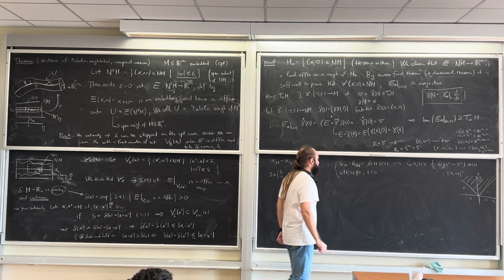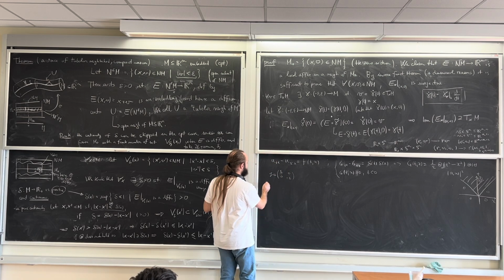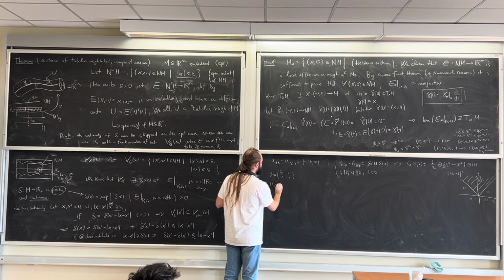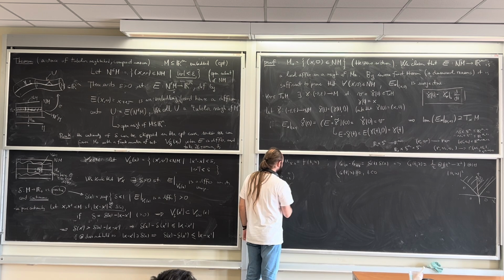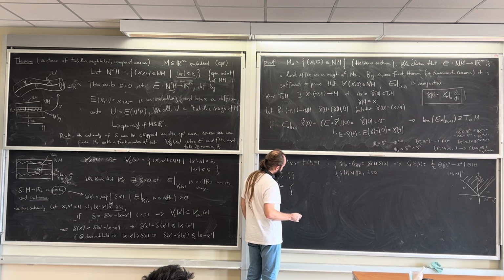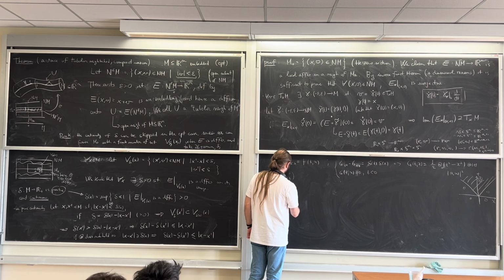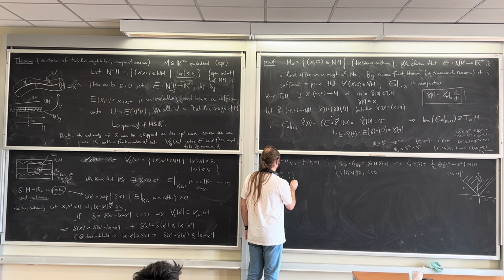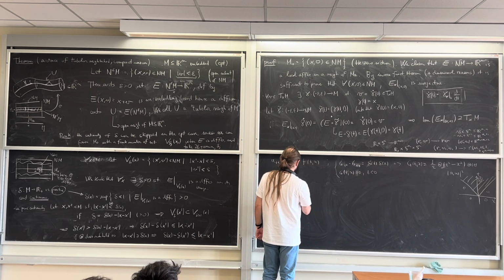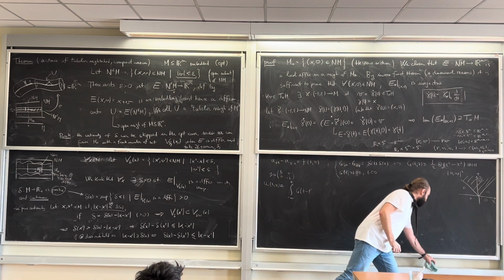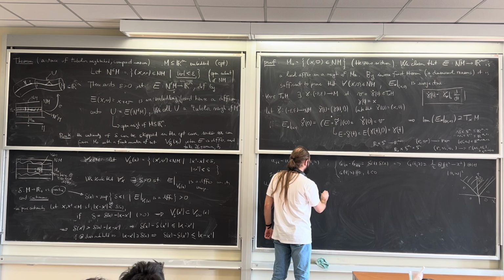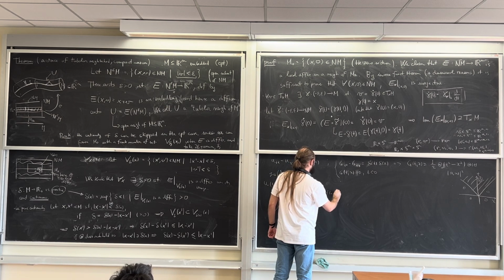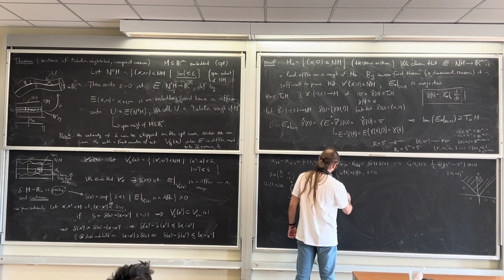So if you have this Green function, then we can write the solution of this equation as u of t and x equals the integral from minus infinity to t of G of t minus t prime, x minus x prime, f of t prime, x prime, dx prime dt prime.